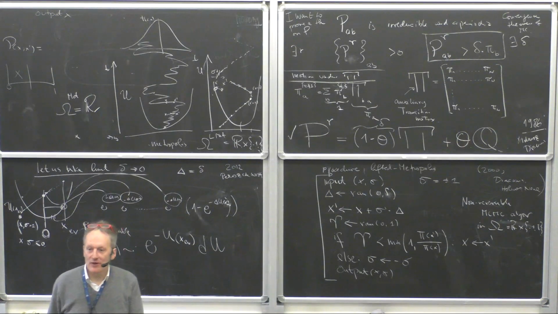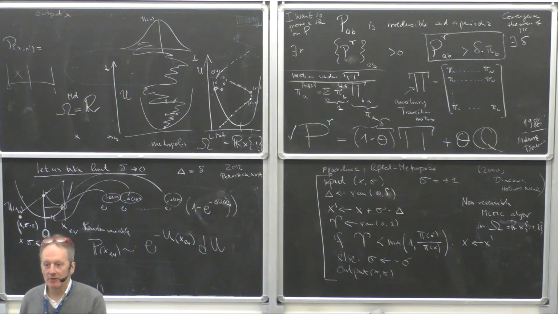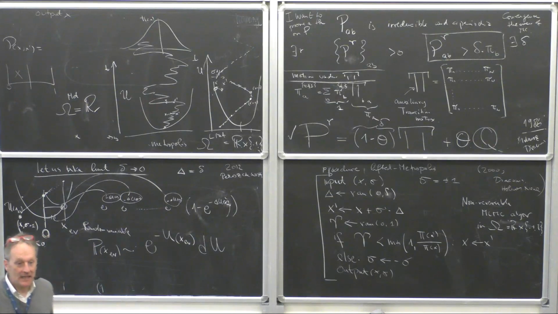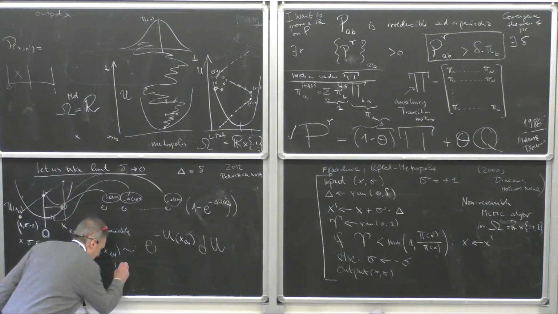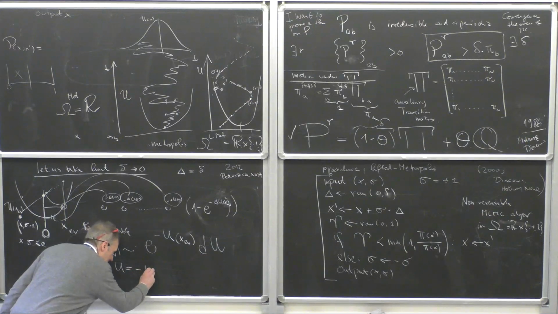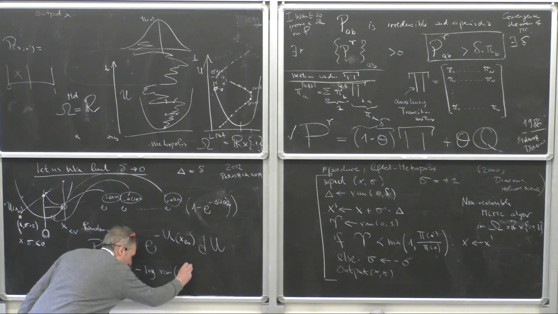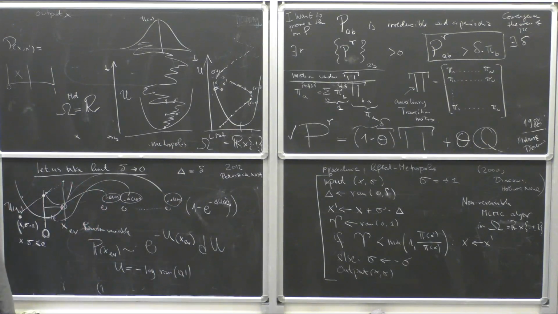How do I sample an exponential random variable? Thank you. So the answer was the u at which I stop is minus log of random(0,1). Right?